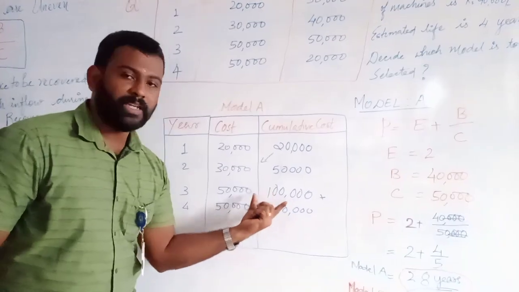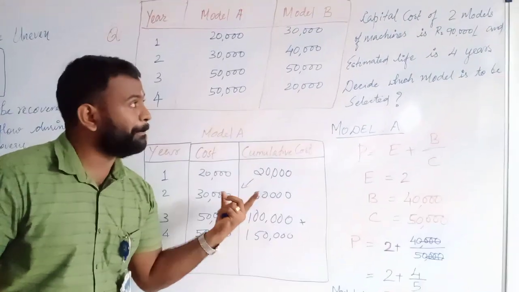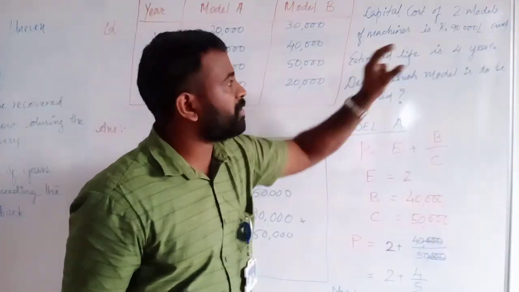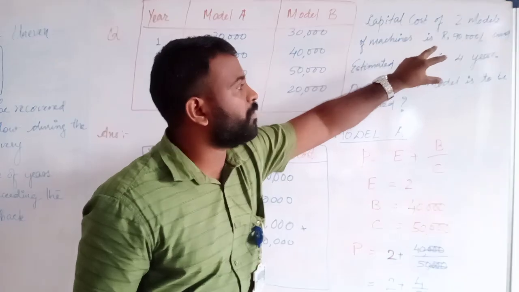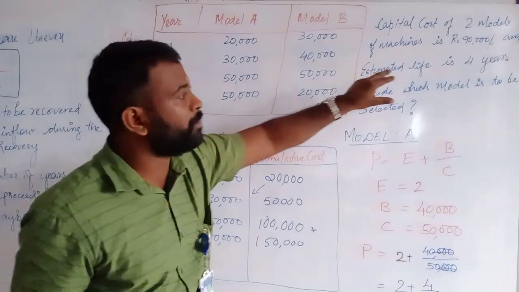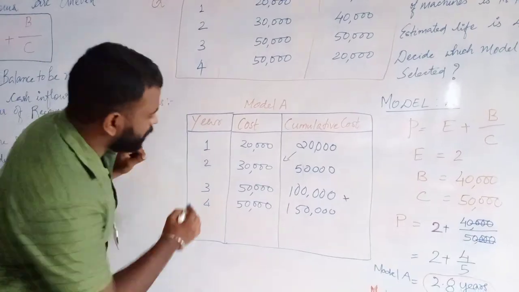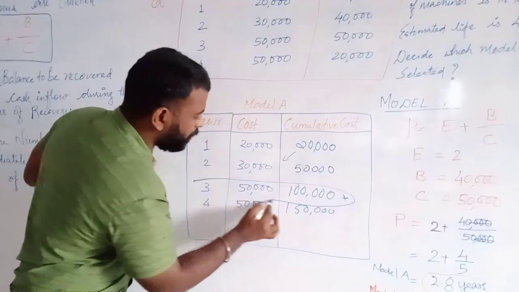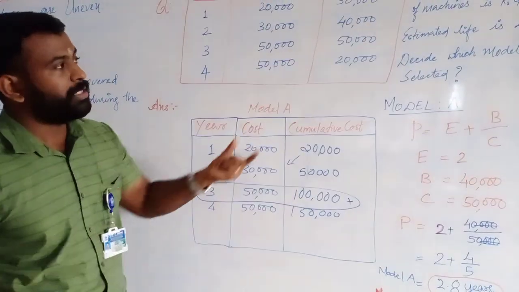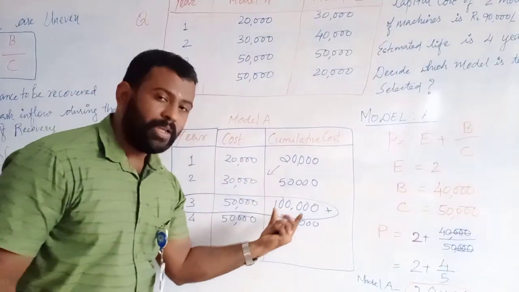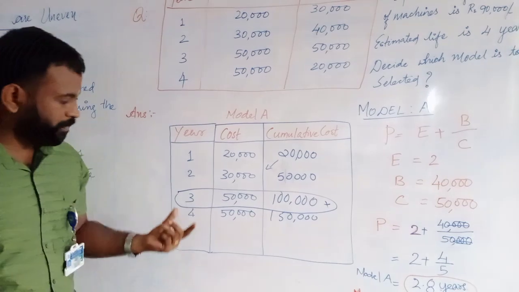I strongly believe that you understand what I meant. The initial cash outflow is 90,000, that is the price of both model A and model B. It will be recovered in year 3. In the third year, we get back the initial investment of 90,000 from the machinery to the organization.